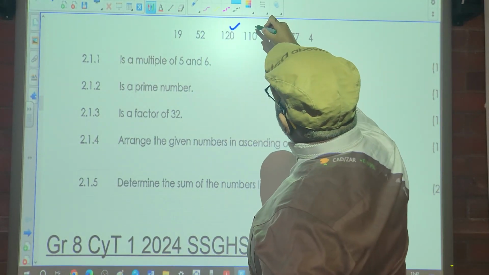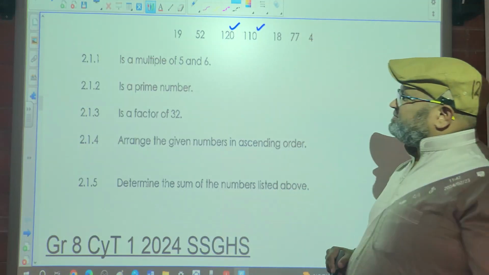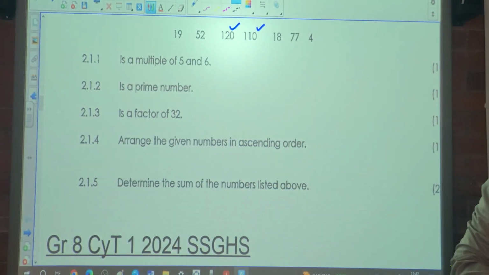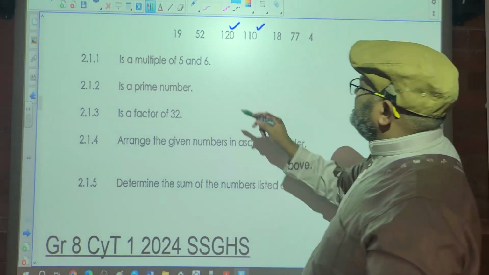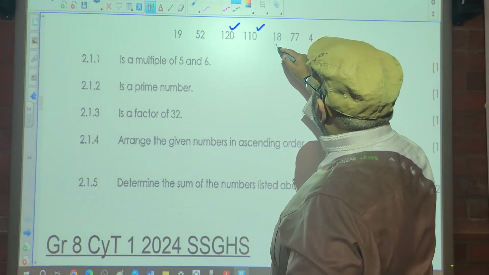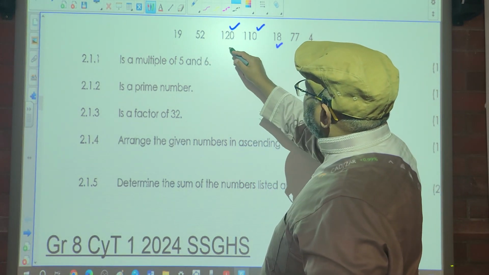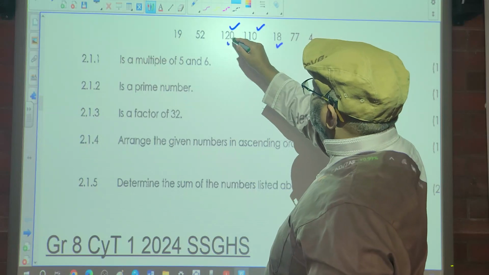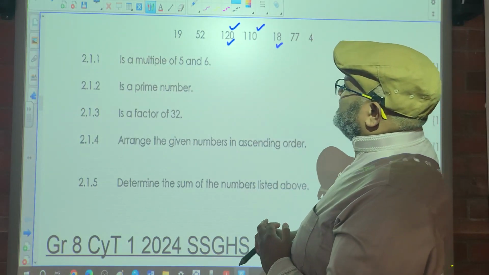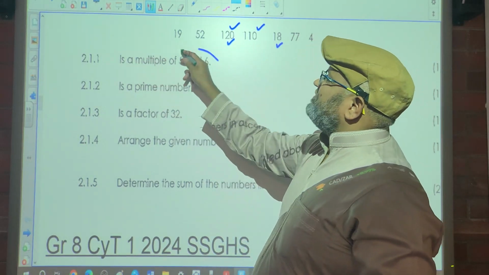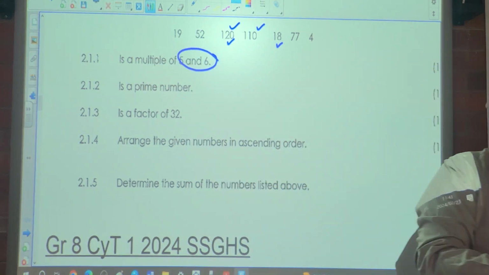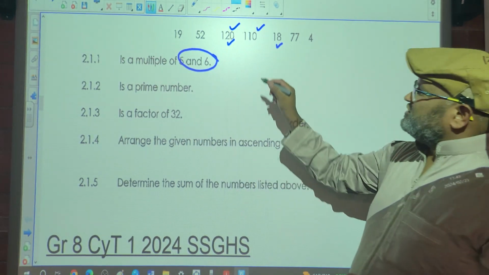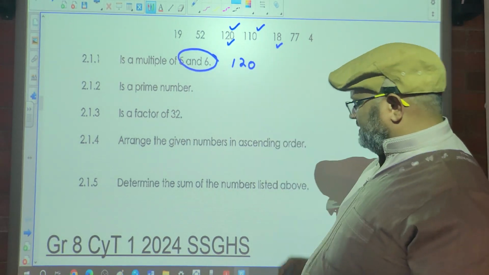So 120, 110 are multiples of 5. Multiples of 6 are 6, 12, 18 and so on. So it's going to be 18 and 120. So it has to satisfy both conditions. So this answer is of course 120.